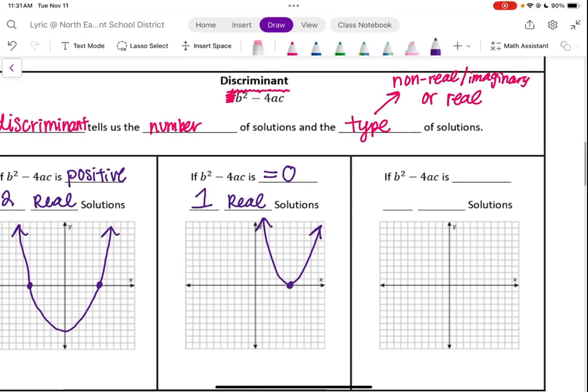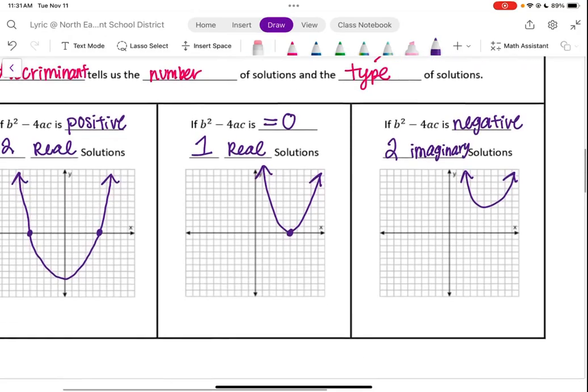Now, if our discriminant is a negative number, that's when we find that we have two imaginary solutions. And what that could look like is a parabola that does not touch the x-axis. So let's make a note here.